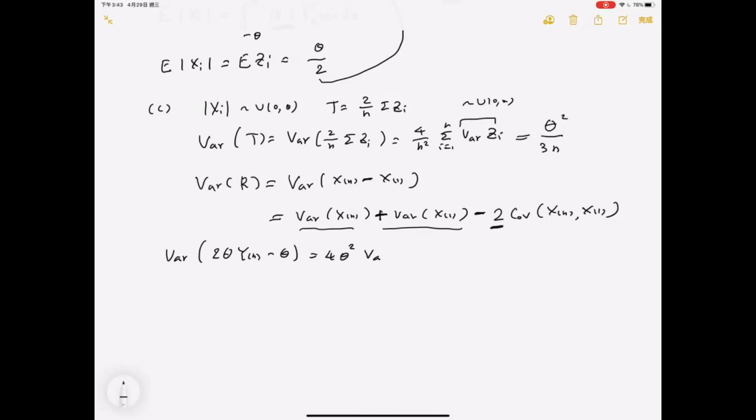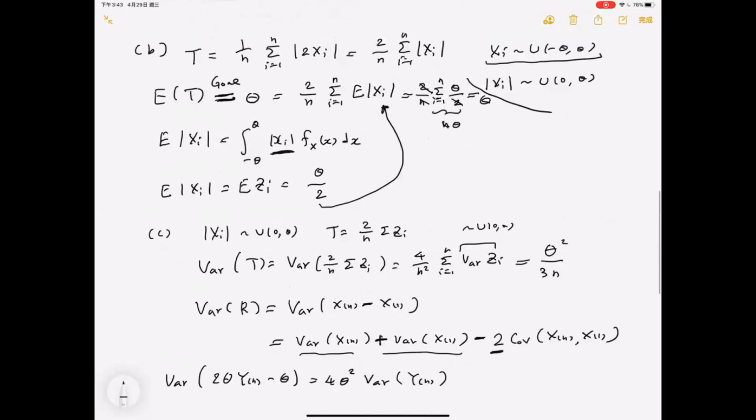Okay, what I'm trying to say right here is you can change your xn to yn. Then you could have the variance of yn, and then y1 to yn, the same thing right here. Then you type in yn.